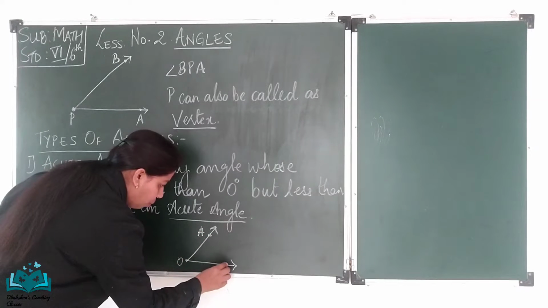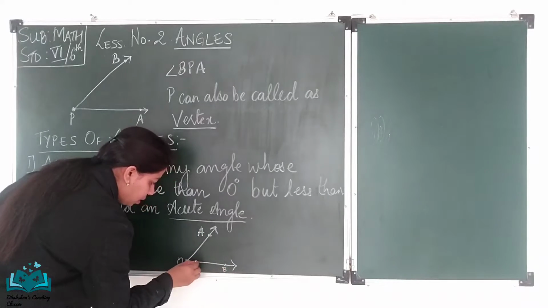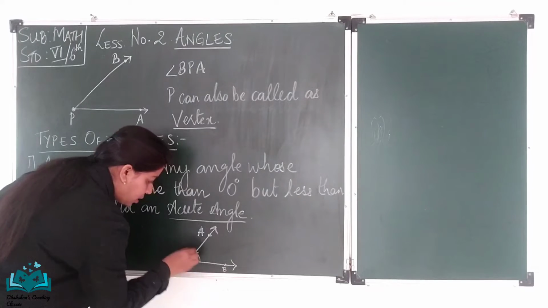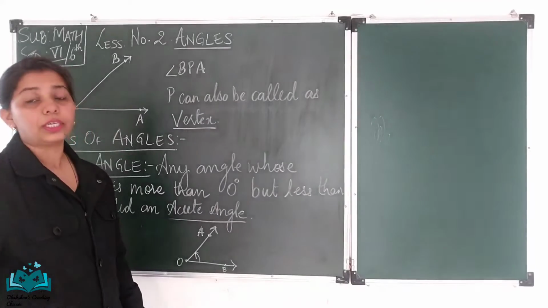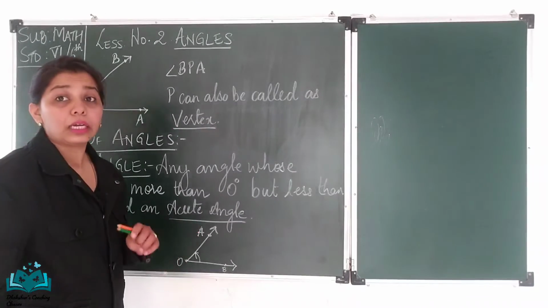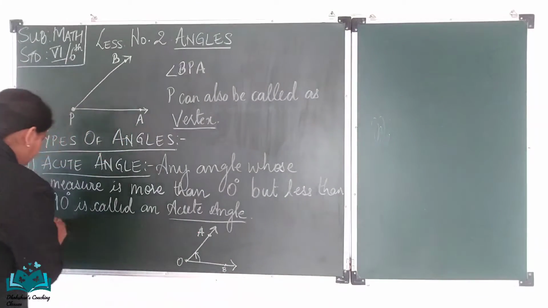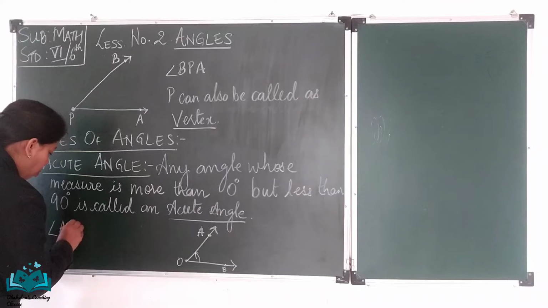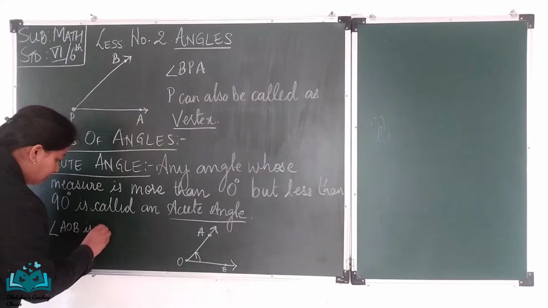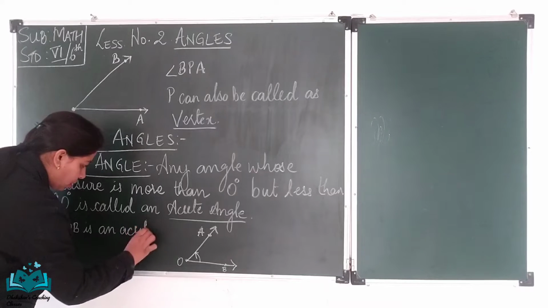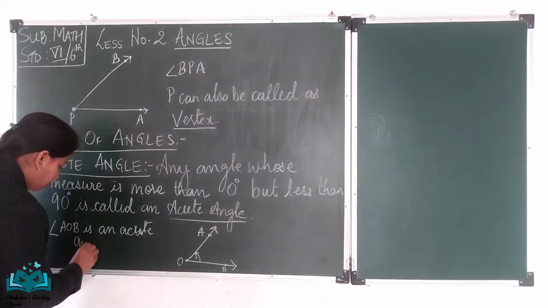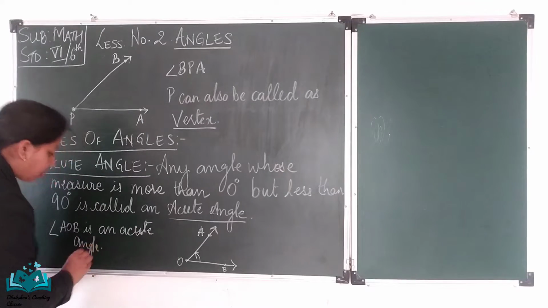Angle AOB, you can see it is greater than 0 but the measurement is what? It is less than 90 degree. So, angle AOB is an acute angle.